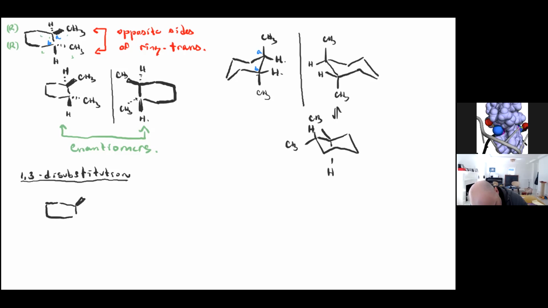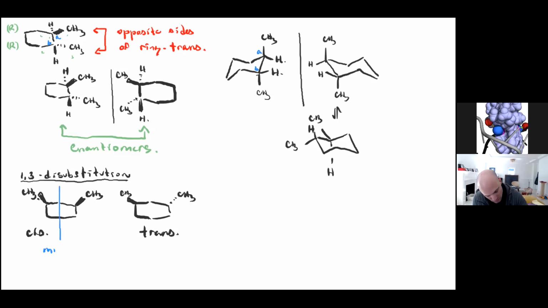So we can have the cis and then also the trans. Okay. And we won't spend a lot of time on the cis. It has a mirror plane. And so the molecule is meso.